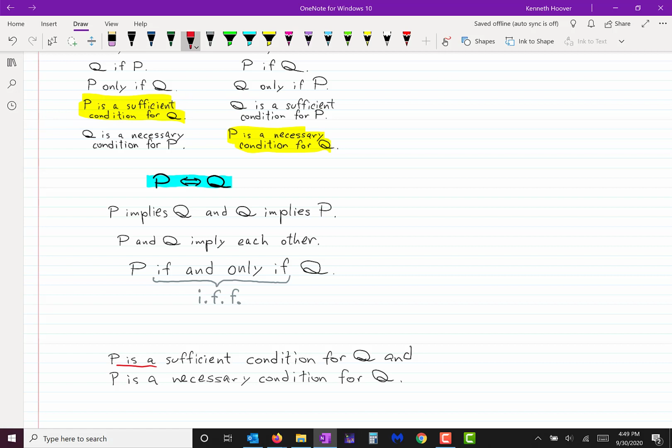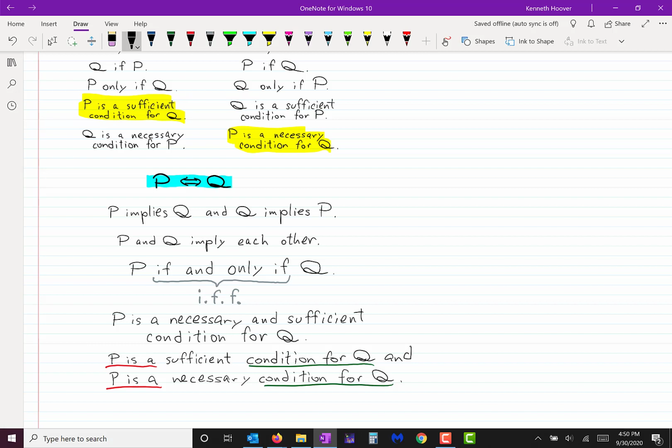They both start with P is a, and they both end with condition for Q. So why don't we put them together and say P is a, I'm going to go in alphabetical order and put necessary first and then sufficient, P is a necessary and sufficient condition for Q. Okay, and there we go.